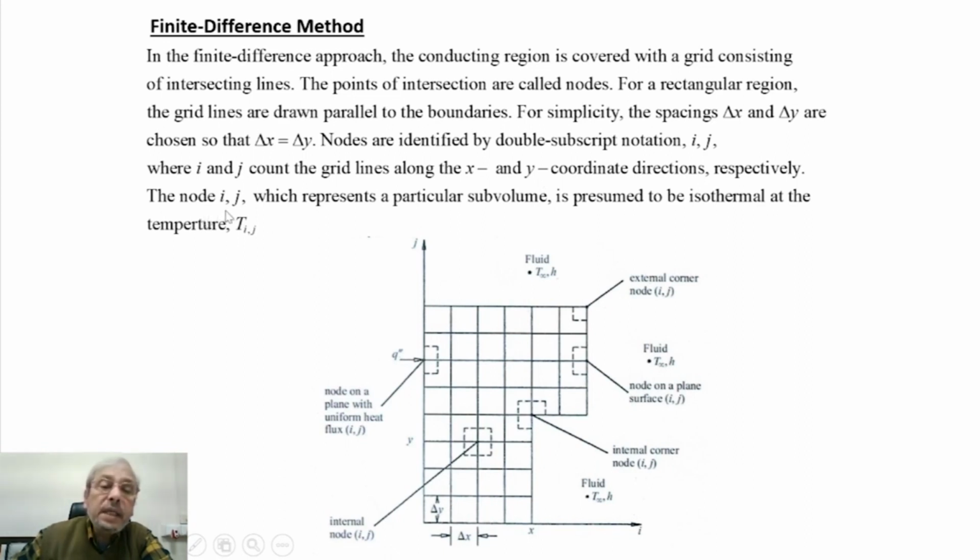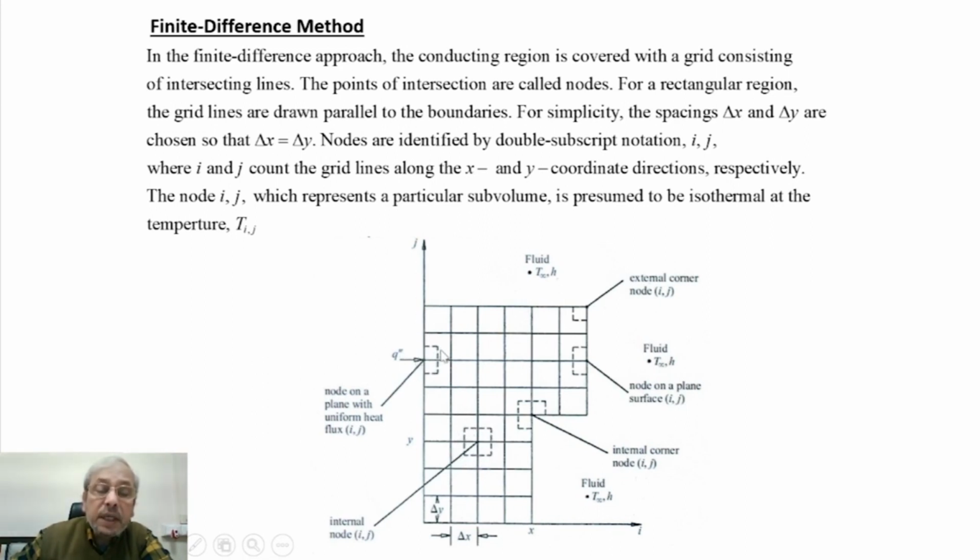The node ij, which represents a particular subvolume, is presumed to be isothermal at temperature Tij. That means the node temperature Tij with its zone of influence will have the same temperature Tij. So now we can call these the usual internal cells.